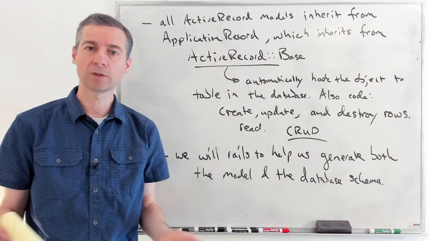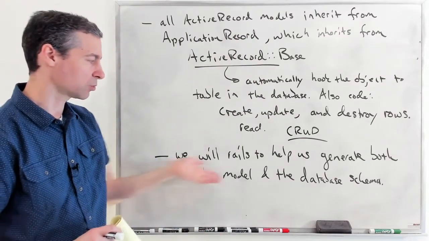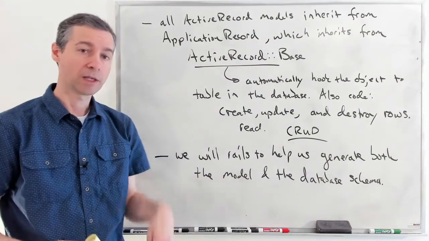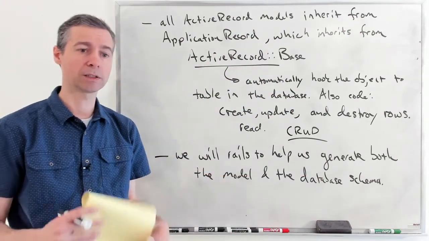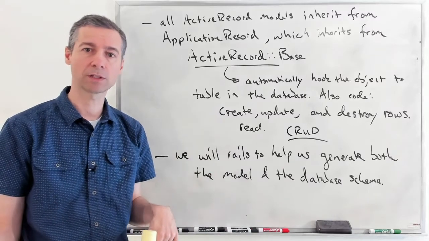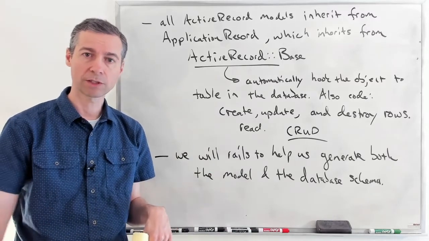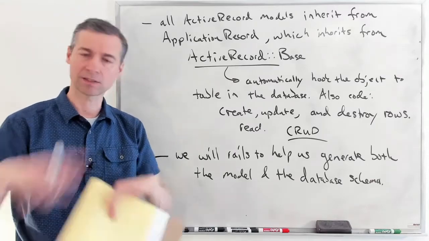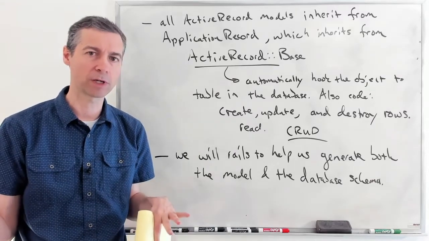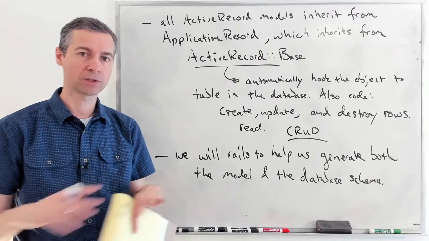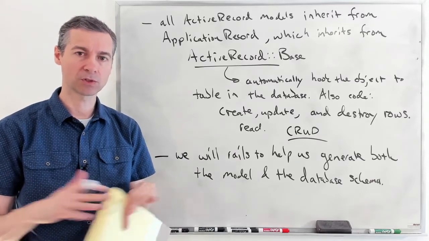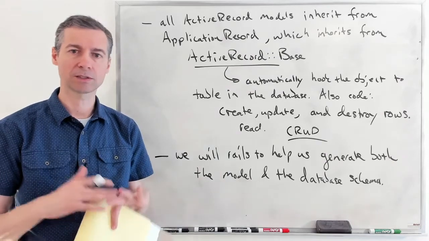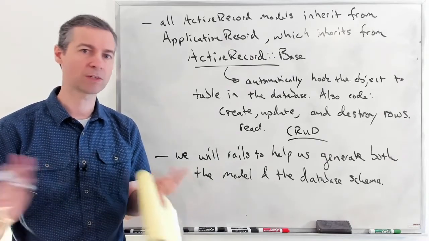But what we're actually going to do is engage with Rails to say, I want to generate a model, please. And it'll go, fine, here's your model. And by the way, I've also created the code necessary to generate the schema for you in the database. And then we'll have to go in and edit things. It never is exactly the way we want it to, but it's far better to use these tools to generate the code so that we don't make syntax errors, that it makes our life easier, that we know we get everything wired up.